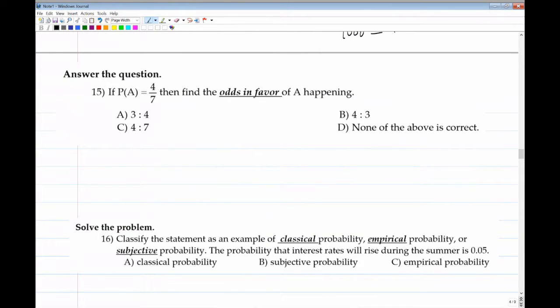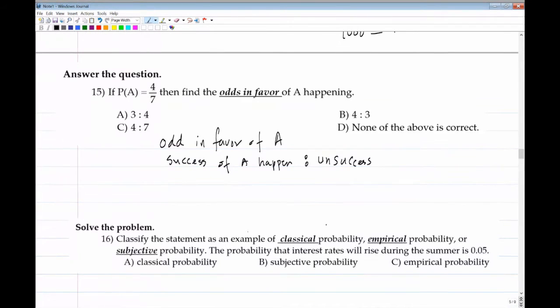One of the things we need to be careful with when we say odds in favor, let's go ahead and write this, odds in favor, basically in favor of A. So this is the number of successes, of A can happen, to the number of failures, the unsuccesses.